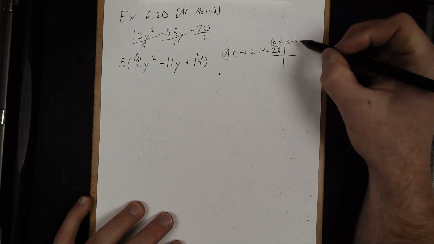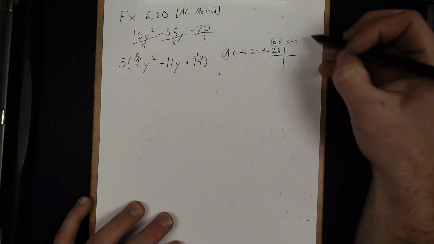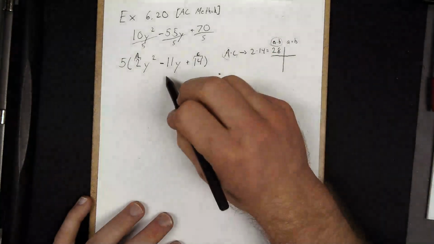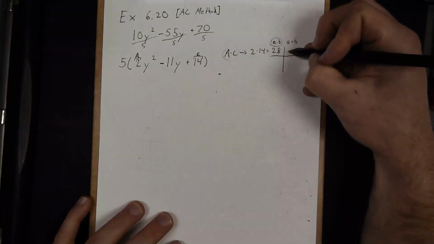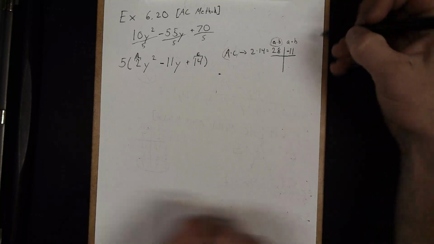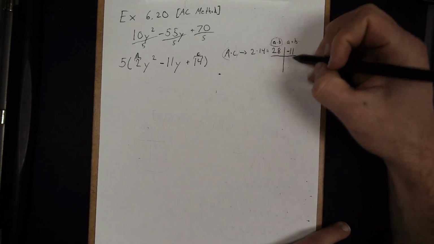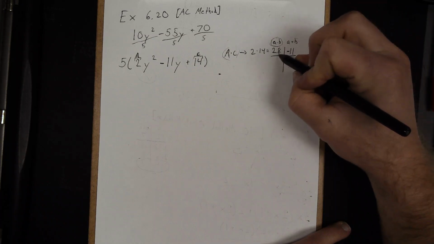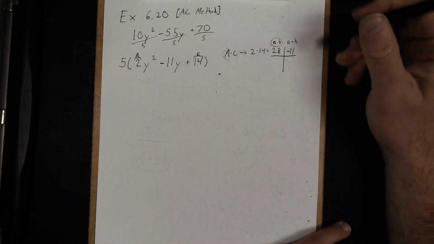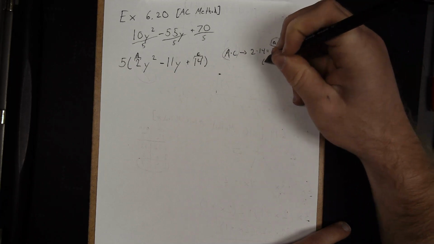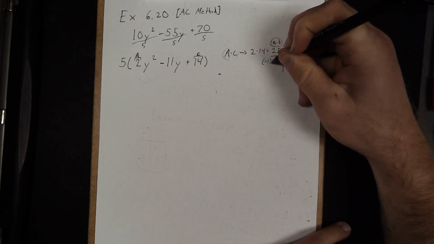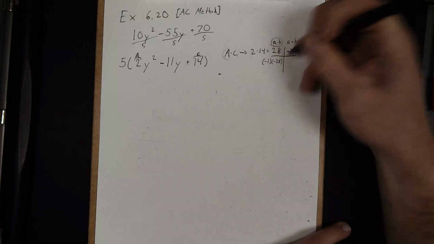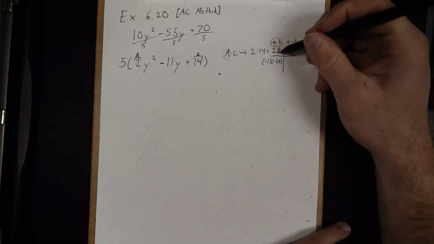So we have our A plus B, which is actually just negative 11. So now we know we need to multiply to get a positive and add to be a negative. So this means this has to be two negative numbers. Start off easy. Negative 1 times negative 28 gives us 28.